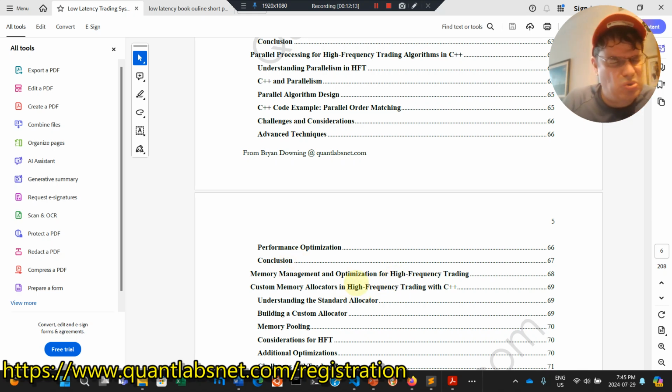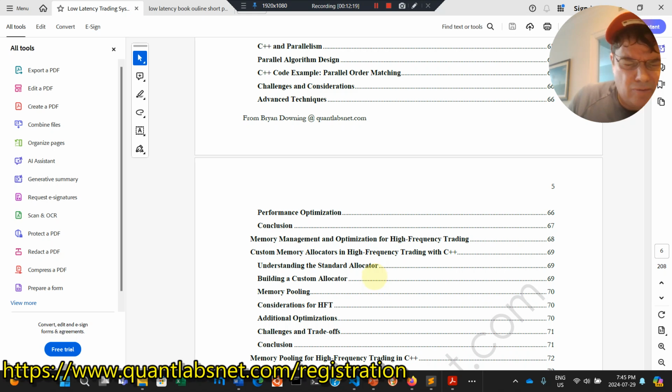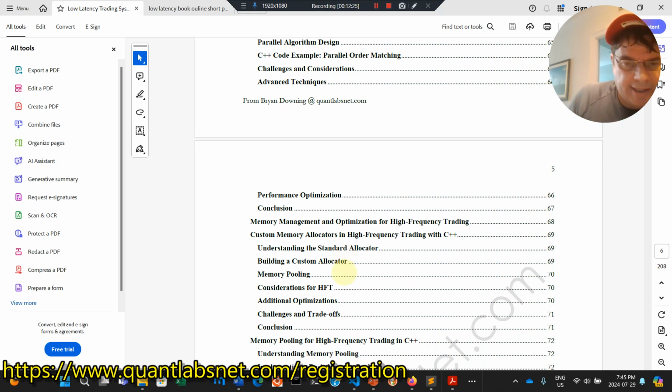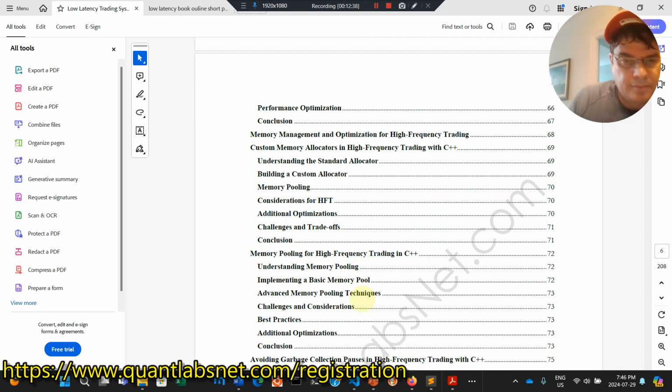Then we get more into the low-level memory management and optimization. There's obviously different options here for custom memory allocation, standard allocator, building your own custom allocator, using memory pools, different techniques you can use to consider for HFT, additional optimizations, challenges, and trade-offs.